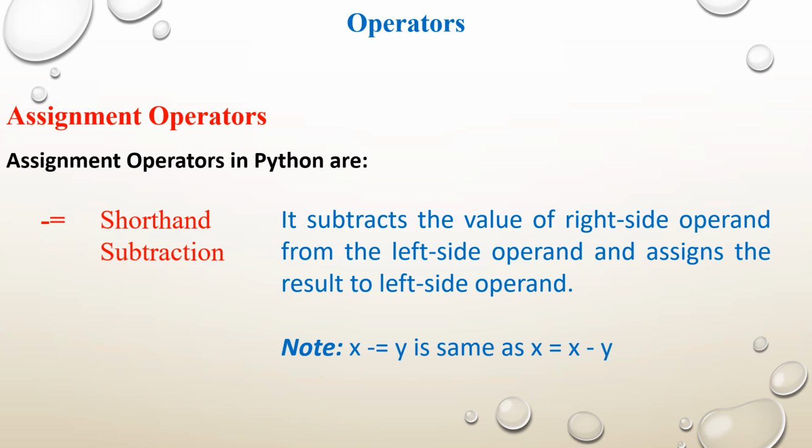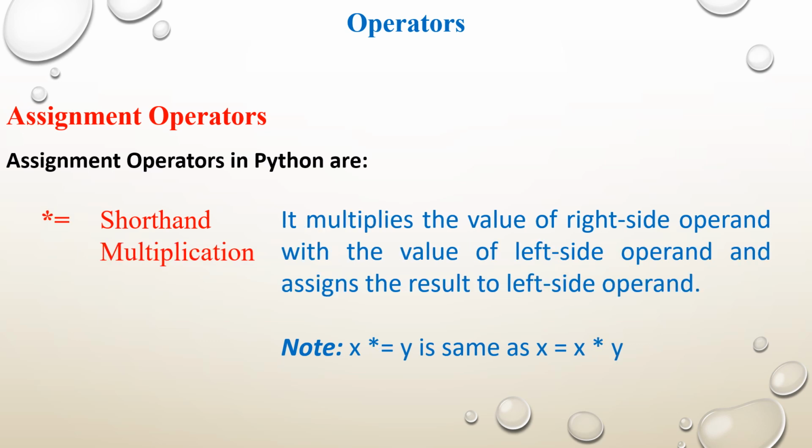So it will subtract the value of y from x, and that is assigned to the variable x itself. In the previous one, there is a shorthand addition. It performs the addition, whereas in this one it will be performing the subtraction.